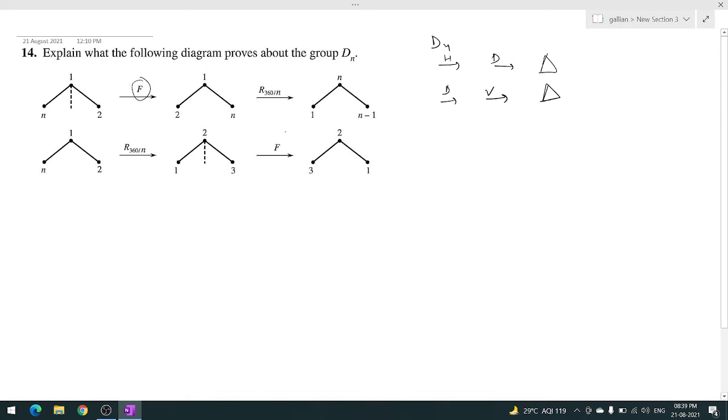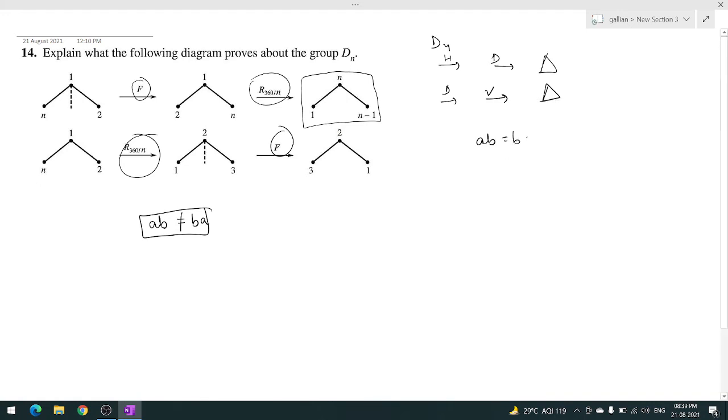Here this and this are the same, as you can notice, but still we are getting different results. So here what I can say is that AB is not equal to BA. There it was AB equals BC, and we saw that A is not equal to C.